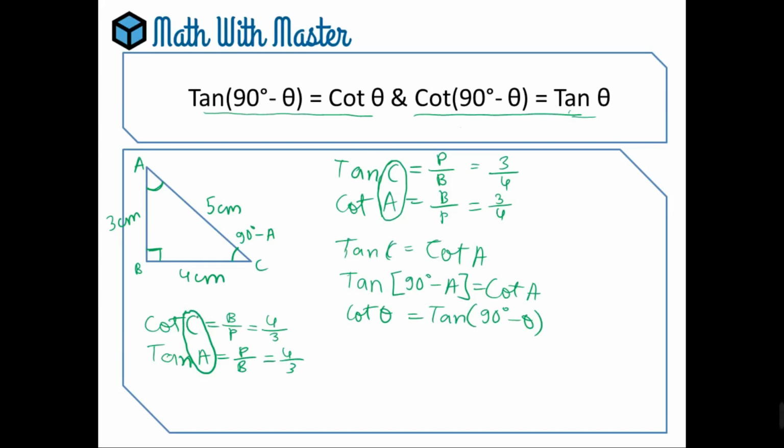If angle C plus A is 90 degrees, if angle A and C are complementary, then cot C is equal to tan A. So tan A is equal to cot C. Now angle C we can write as 90 degrees minus A. So for tan A, we will make angle A as theta.